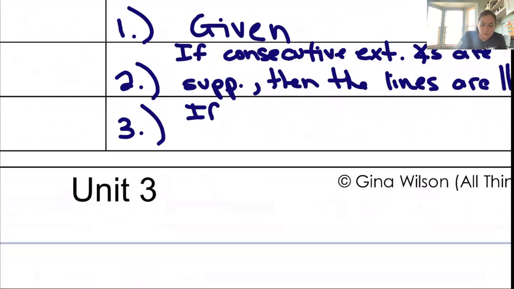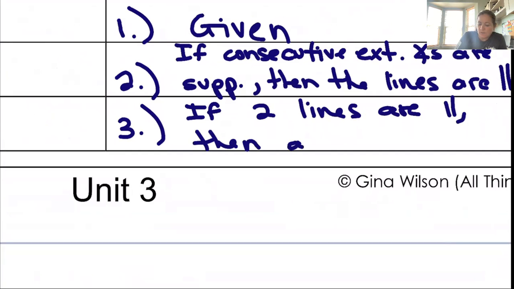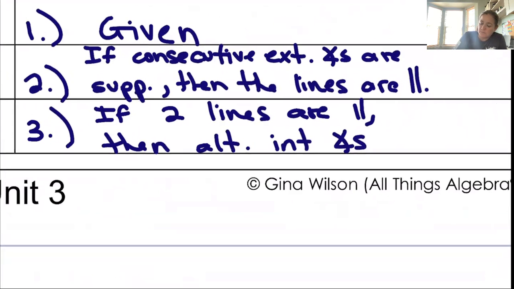This one would be if 2 lines are parallel, then alternate interior angles are congruent.